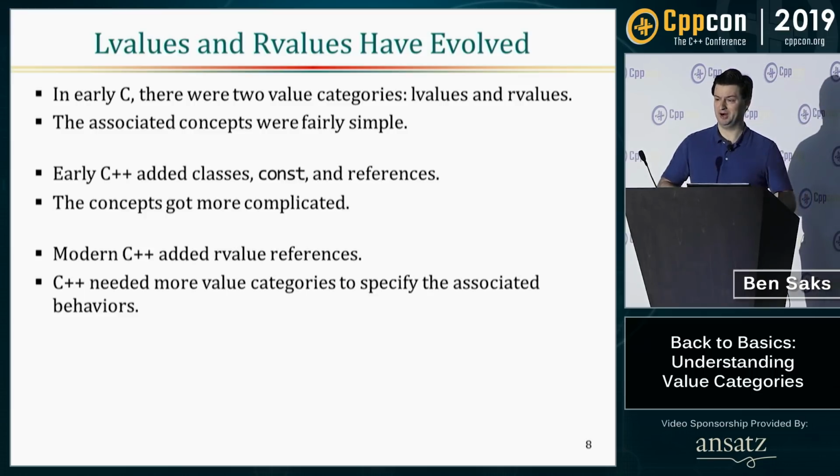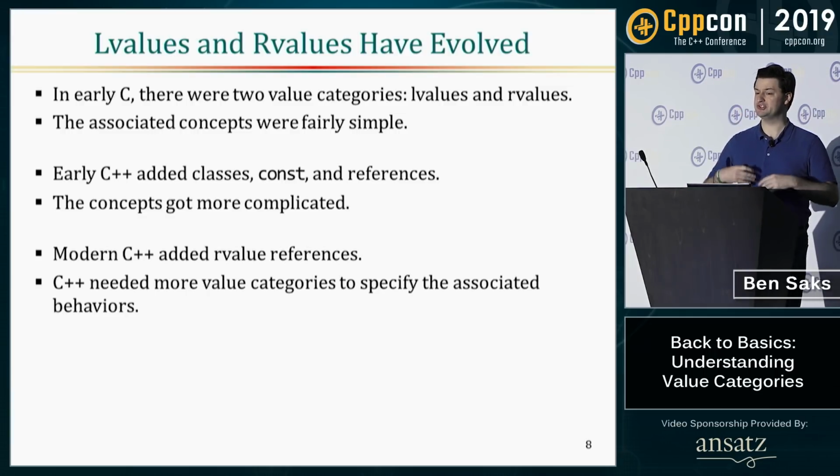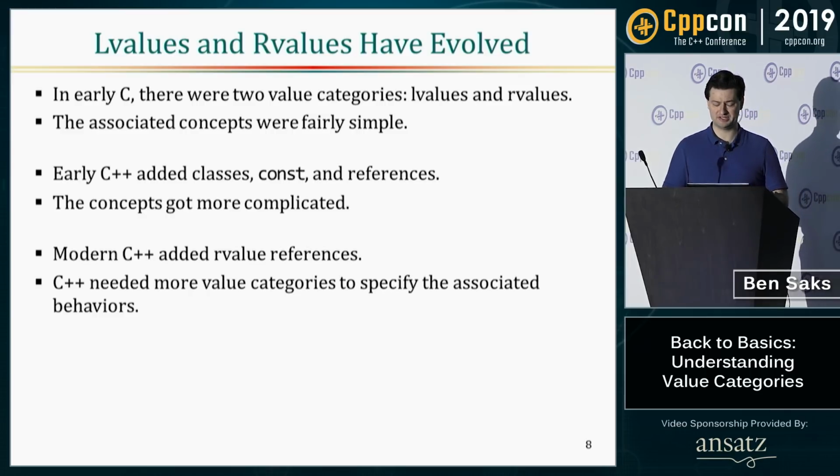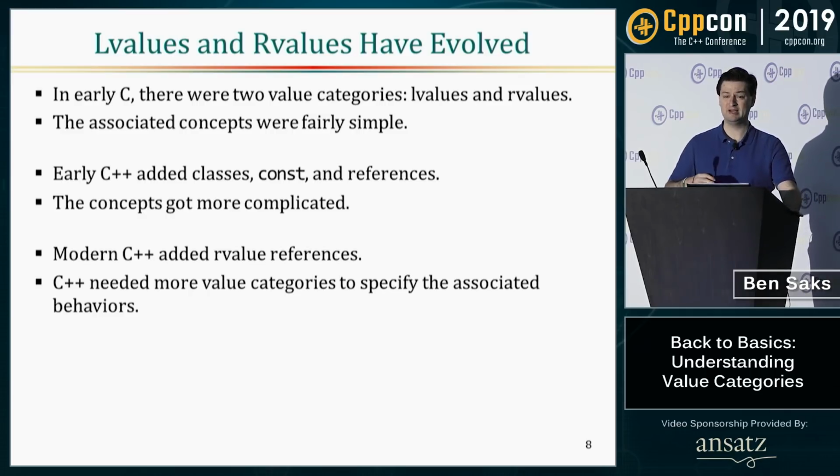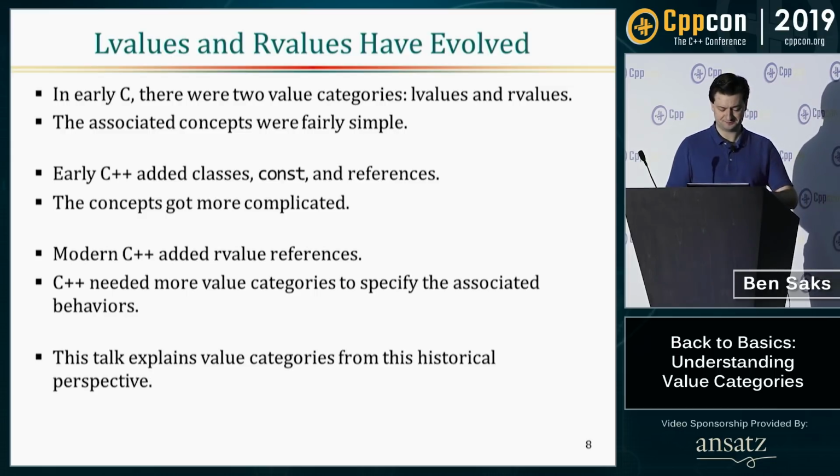And then we got along to modern C++, and rvalue references were introduced. And this further complicated the situation. The concepts had to evolve yet again, and they also had to introduce new types of value categories to describe exactly what the language was doing in various places.